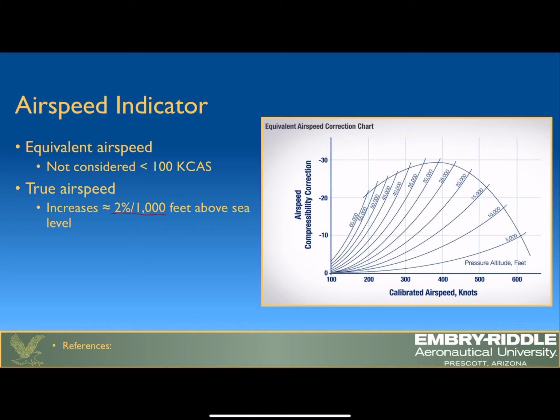So that's kind of like a rule of thumb to calculate what your true airspeed is or what the correction is. So you increase by 2%. Or remember, you can always use your E6B to calculate true airspeed. But again, it's nice because on the G1000, it will tell you what your true airspeed is.